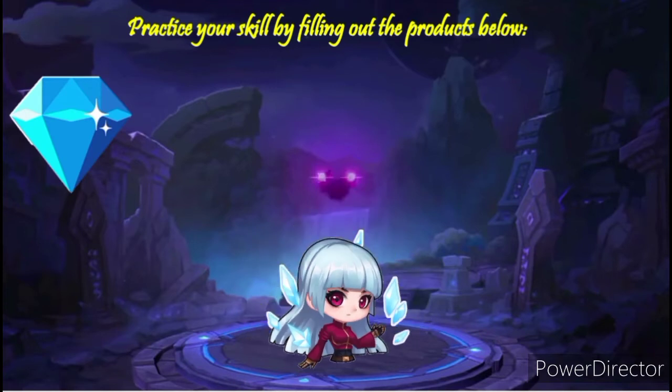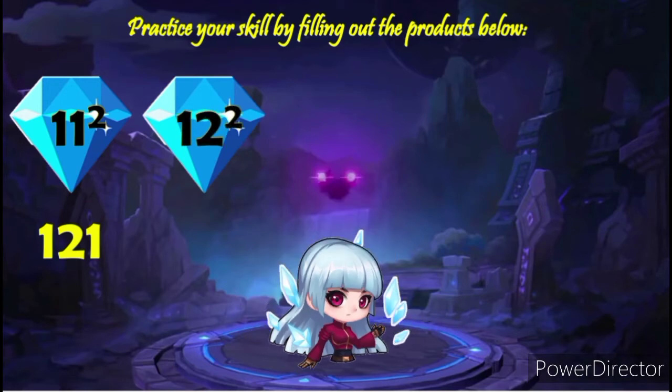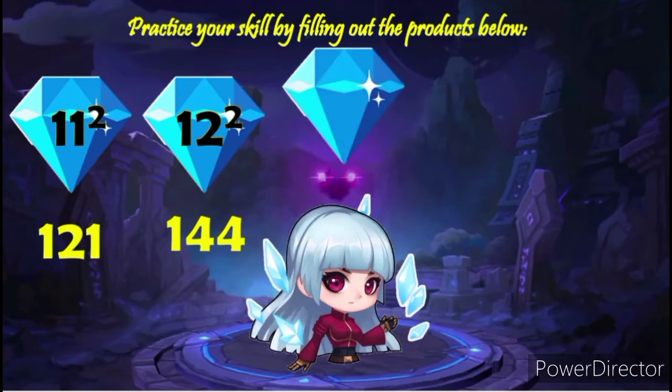Let's try this one. 11 squared. Correct, 121. Next diamond, we have 12 squared. Correct, 144. Next diamond, we have 13 squared.